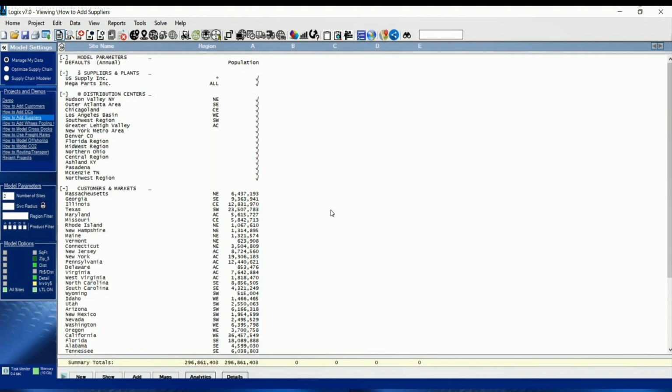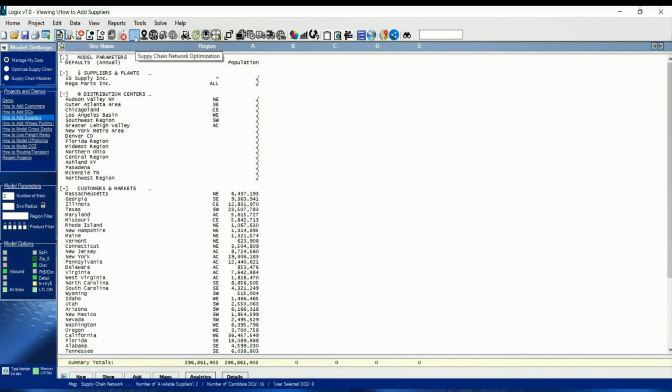We can also optimize this problem in a slightly different way by turning on sourcing optimization. Now, instead of using the sourcing percentages, Logix will calculate the inbound supply from limited supply from US Supply and Megaparts that should go to the optimum distribution centers.